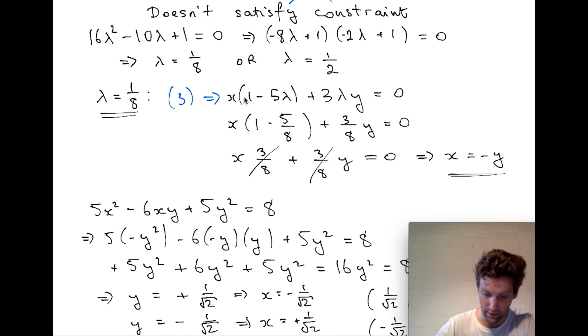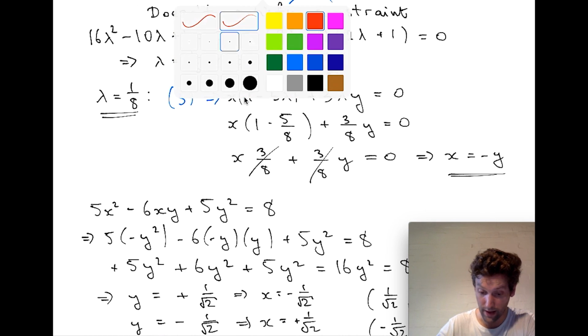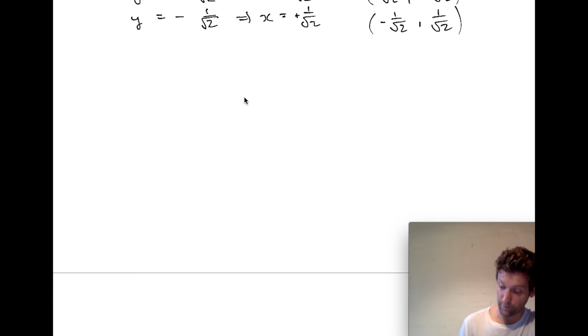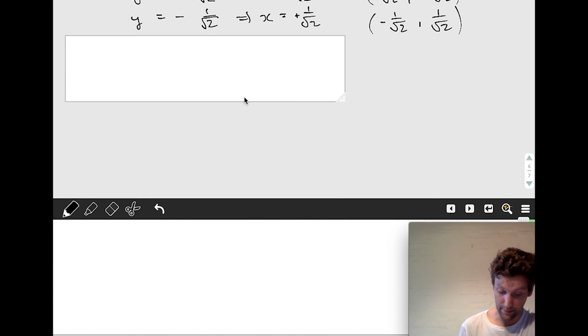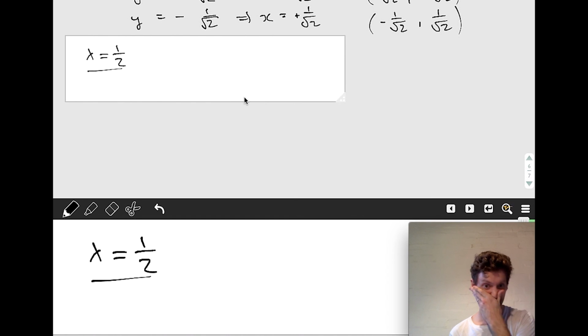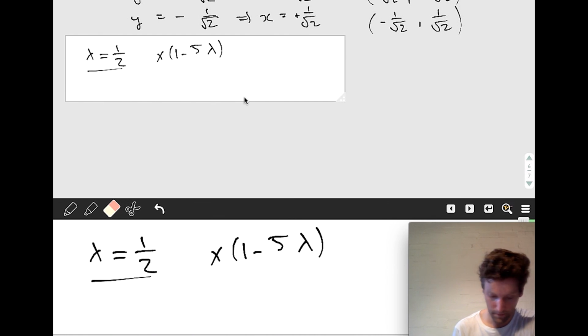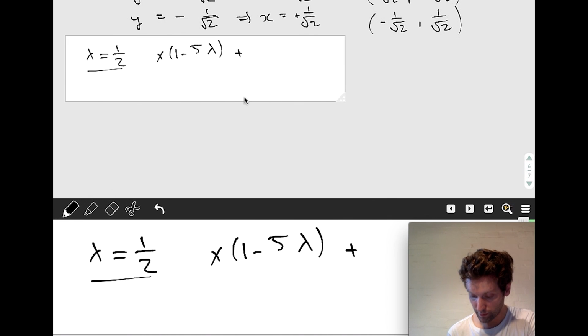We now need to look at the other possibility, that lambda was equal to a half. Again, I'm going to substitute that into x times 1 minus 5 times lambda plus 3 lambda y is equal to 0.